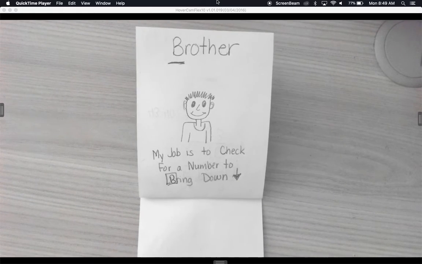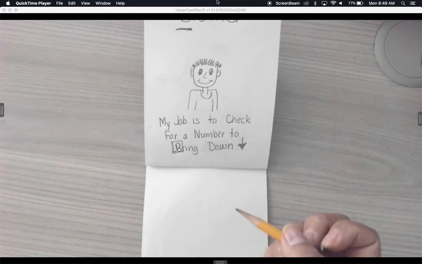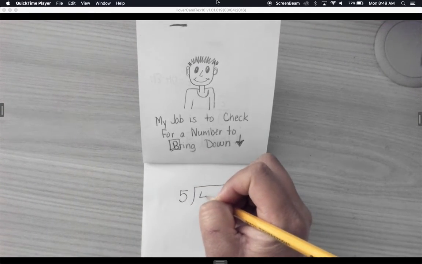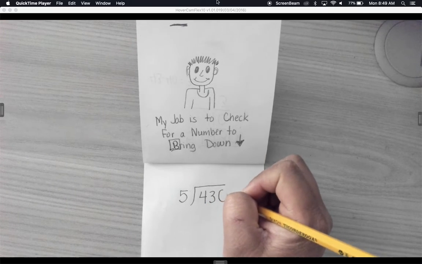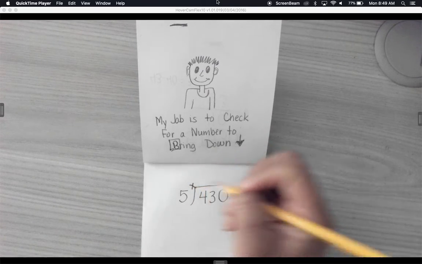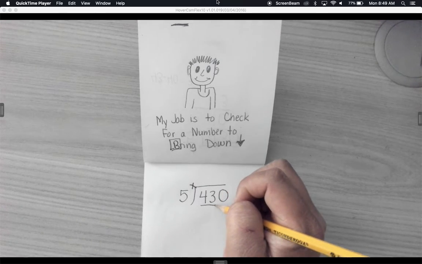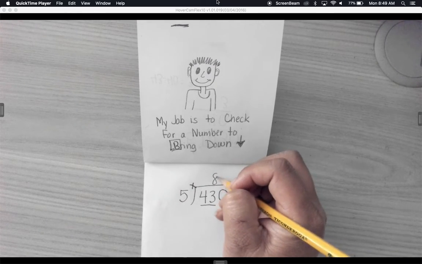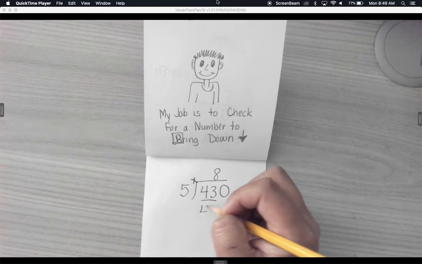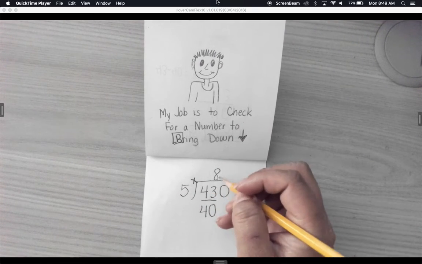So we have the problem as 430 divided by 5. And we said Mom told us that we have to multiply, and we have to multiply into 43. The only other number that's going to get me close to that is 40. So 5 times 8 is 40.